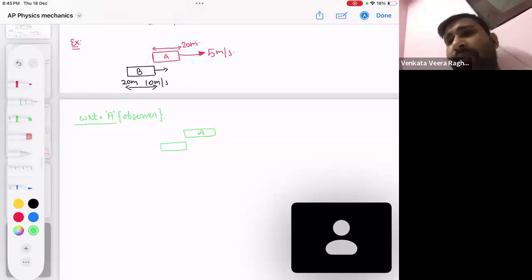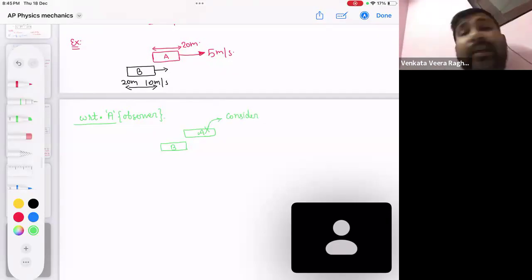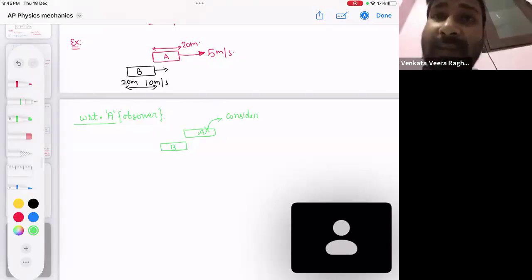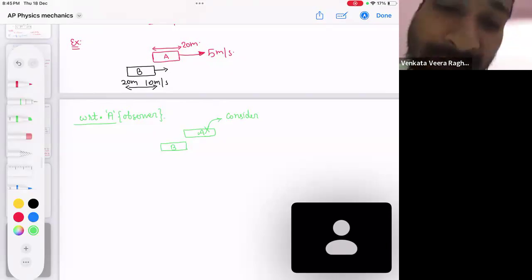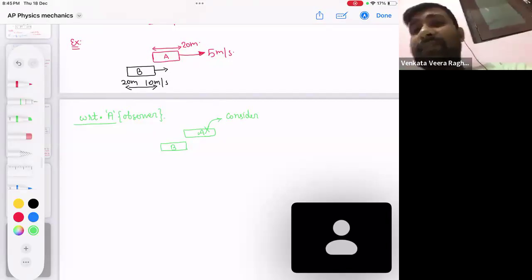Acha, can you tell me when the overtaking will be completed? Please keep in mind, if I consider this, it doesn't mean that A is stationary. Here, it is just a problem solving approach, which gives us less calculation and easy understanding of the situation.